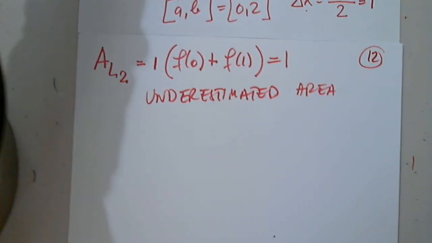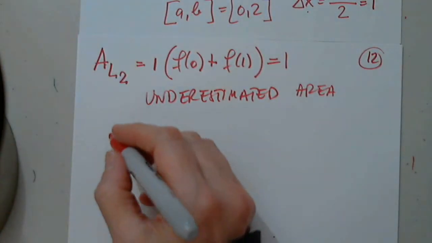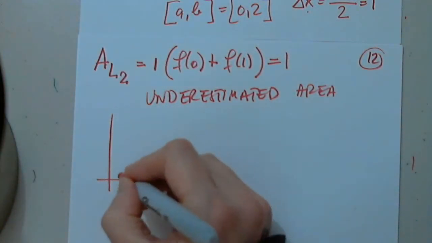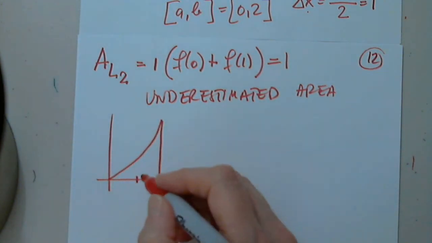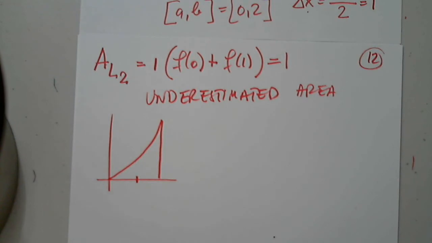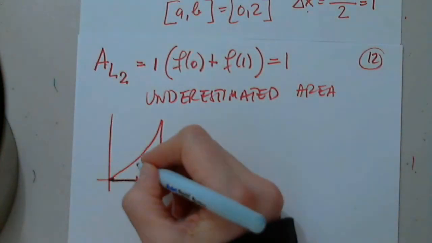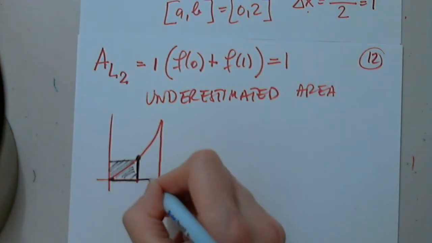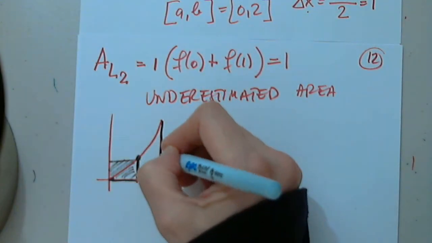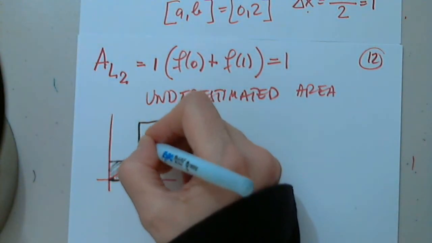Same graph with the rightmost point. For this base, this is the height. For this base, this is the height.